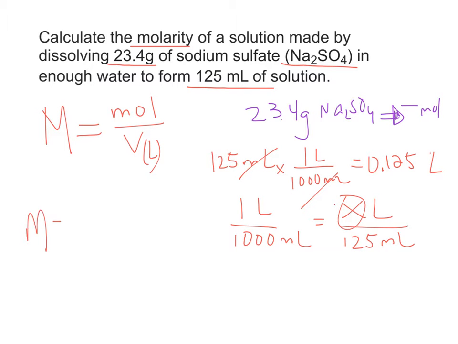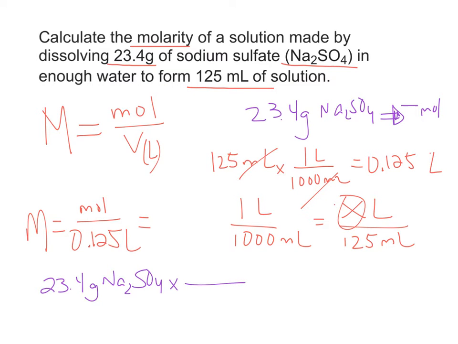So my molarity will be equal to my number of moles over 0.125 liters. And now I'm going to figure out my number of moles from this. So if I have 23.4 grams of sodium sulfate, and I can figure out from the periodic table that for every 1 mole of sodium sulfate, that has a mass of, you can do it yourself, 142.1 grams.